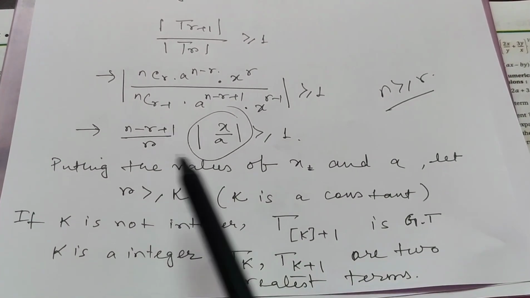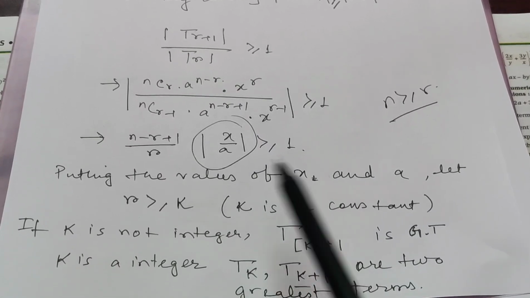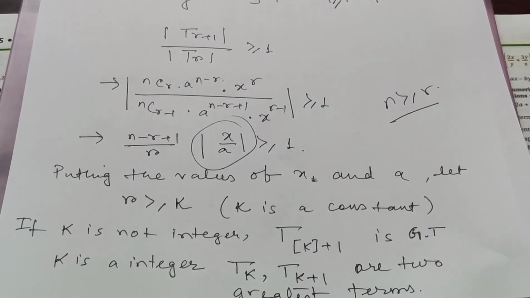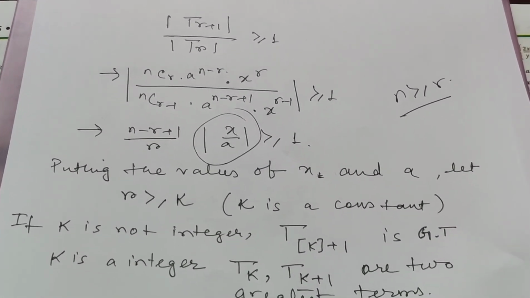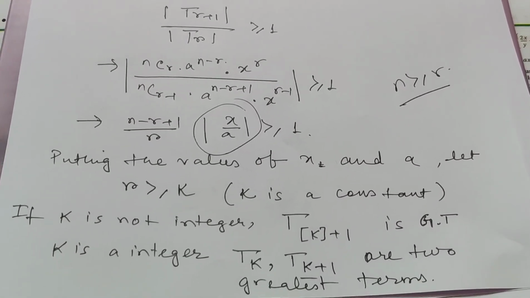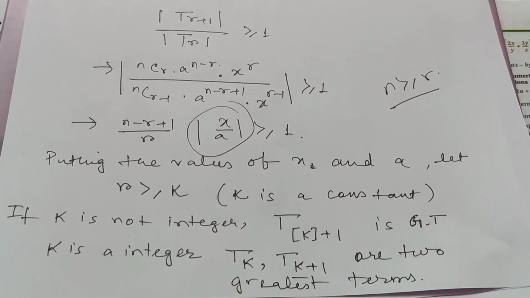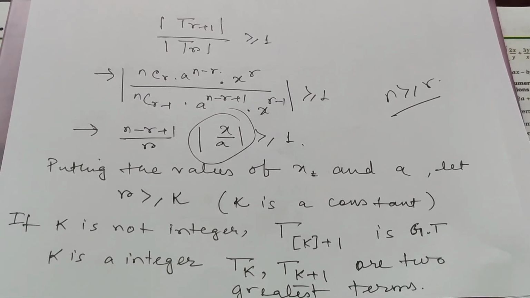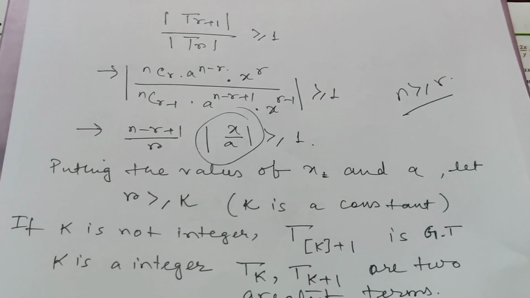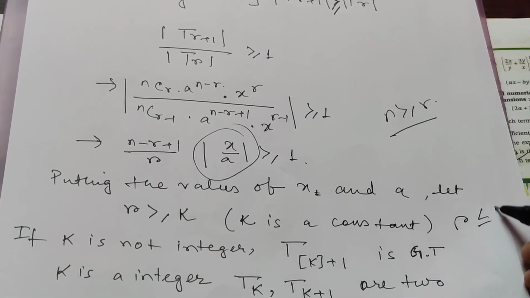Now solving this inequality, r will be a constant number. It can be a fraction, or it can be an integer. Suppose r is greater than or equal to k, or r is less than or equal to k.